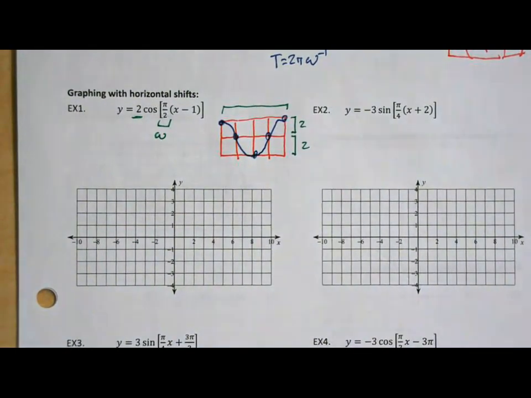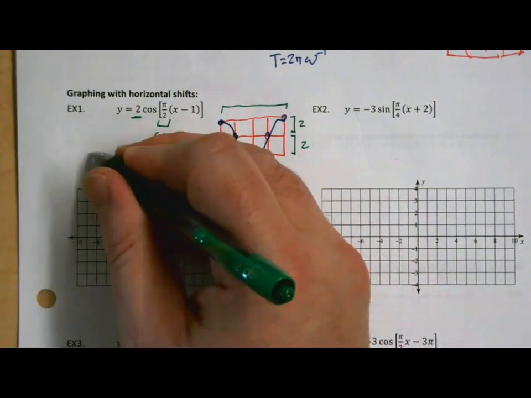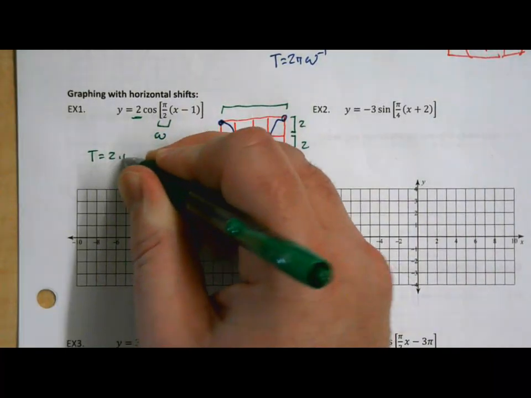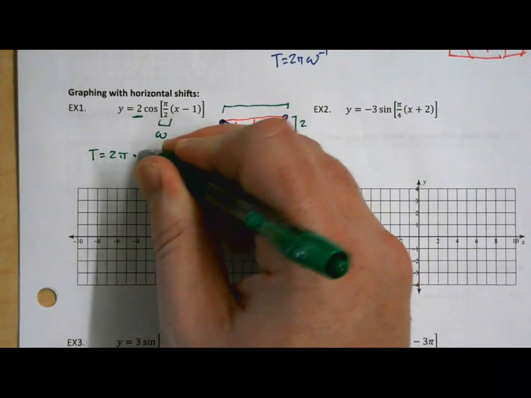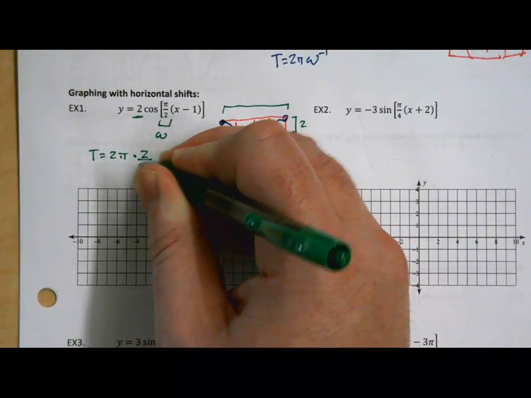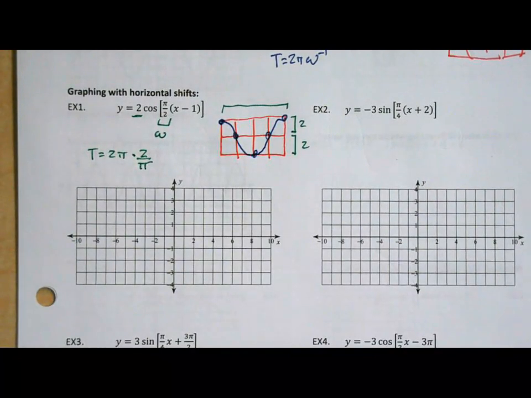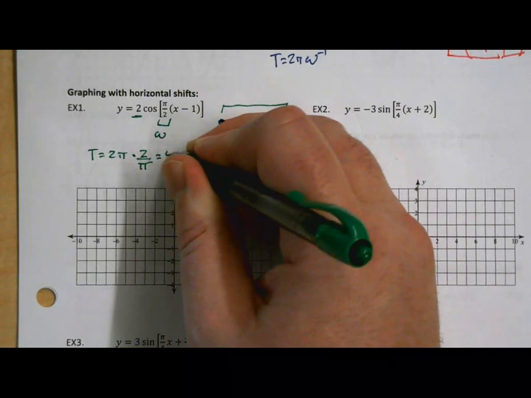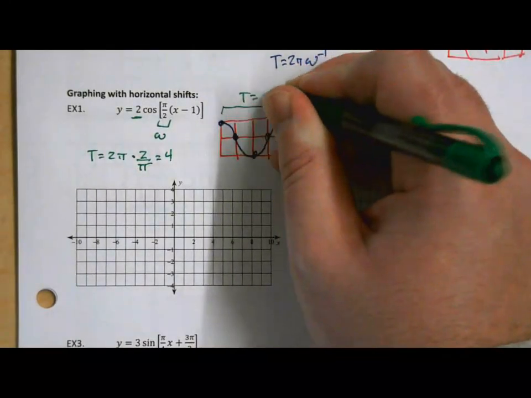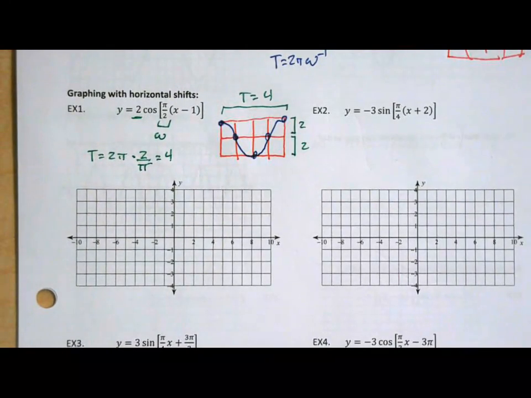So let's figure out how wide we're going to stretch it. So T is equal to 2 pi times the reciprocal of omega, same as what we did on Friday. 2 pi times 2 over pi. Pi's will cancel. That'll just become 4. That tells us that T is 4.